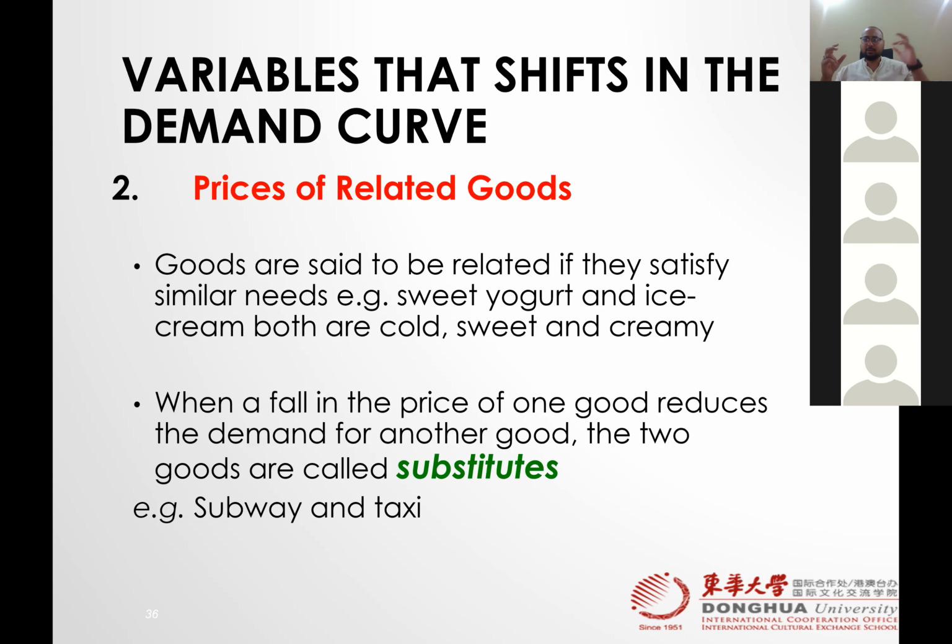Why not purchase more Pepsi, because its price has decreased? Due to the actions of Pepsi management, they decrease the price and grab customers of Coca-Cola as well. So Coca-Cola demand decreases. We call these two products substitutes. You understand that? Everyone? Yeah. If the price of product A decreases, it causes quantity of product B to decrease as well. We call these two products substitutes.